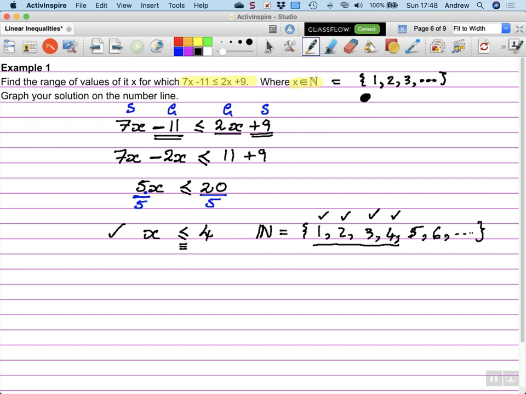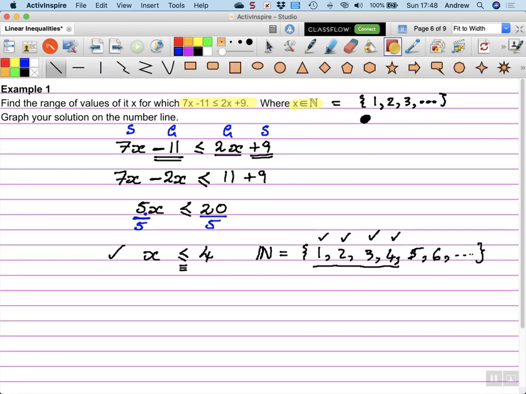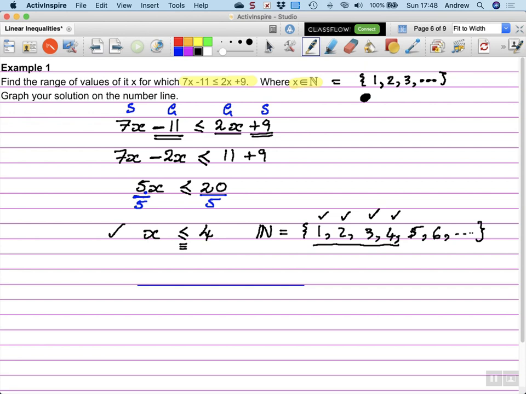Now we've actually got to graph our solution set. So to graph our solution set, we need to draw a number line. So there's a number line drawn there. And now on that number line, I want to put numbers. So I've got 1, 2, 3, 4. I can put 5 in, doesn't matter.